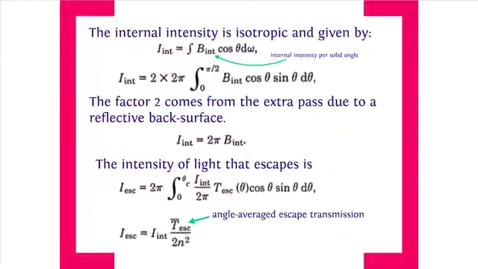Of course, in this case, you have the intensity interior divided by 2 pi, because that gives you B interior. Right? This thing is just that. Times this probability of escape, which will be related to the cone angle. So we'll come to that. That's the percentage. Everything else is the same. When you do the integral, you get this simple expression. The intensity of light that escapes is the intensity inside the material times the probability of escape divided by 2n squared.